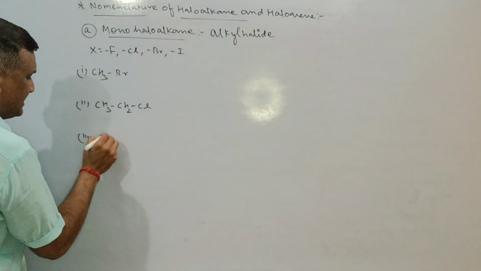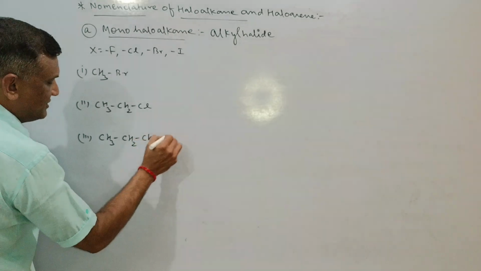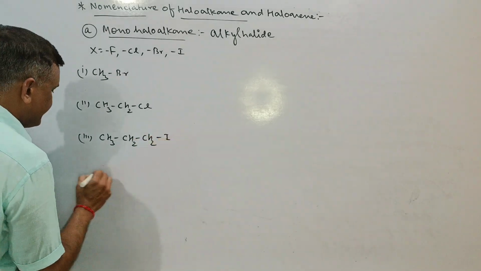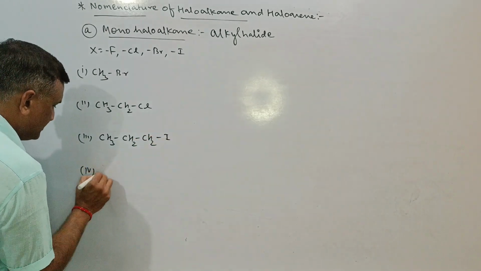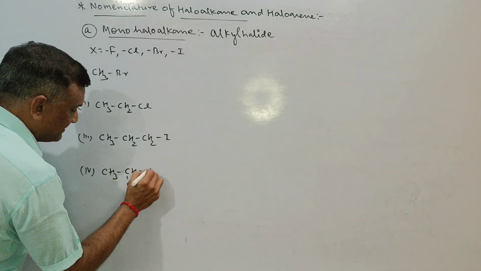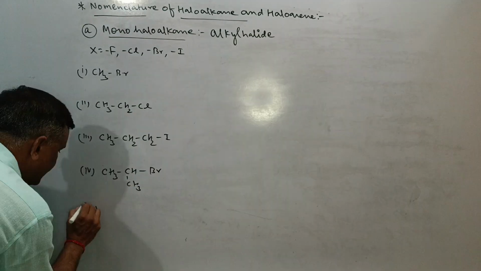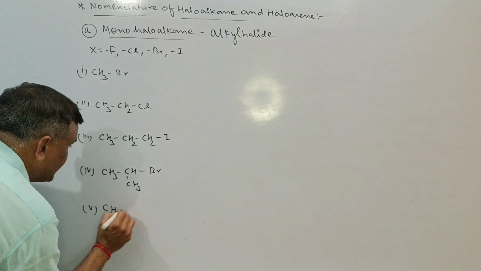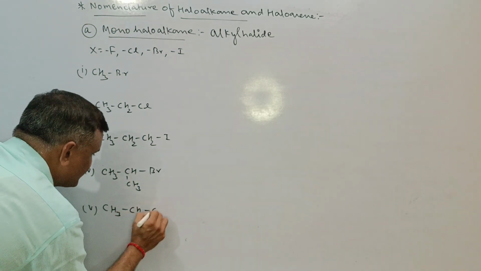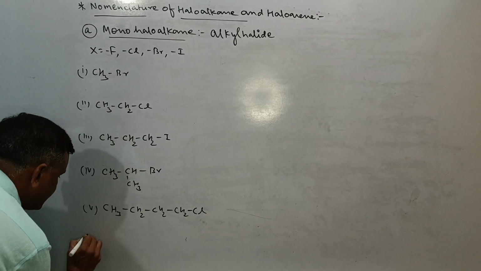This is CH3, CH2, I. This is your fourth, CH3CHCH3, Br. The fifth compound is CH3CH2CH2Cl, and this is the sixth compound.